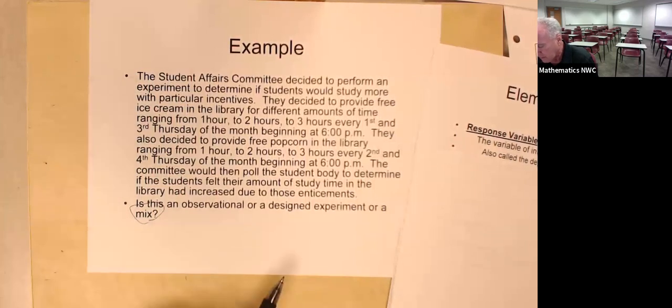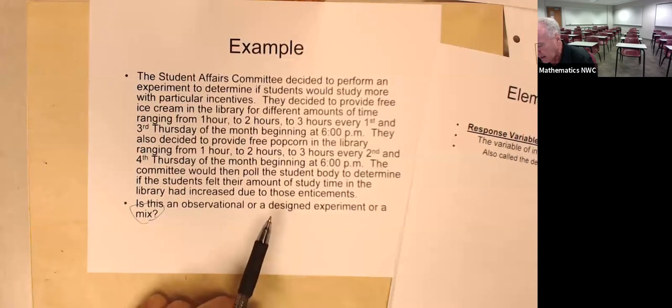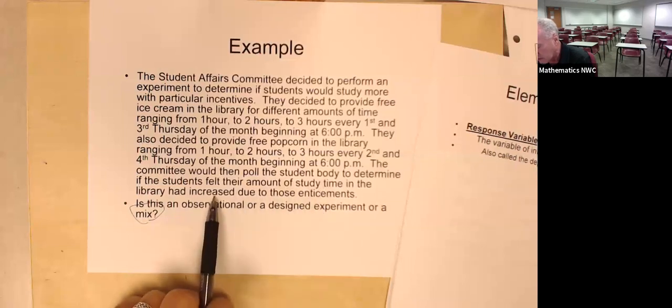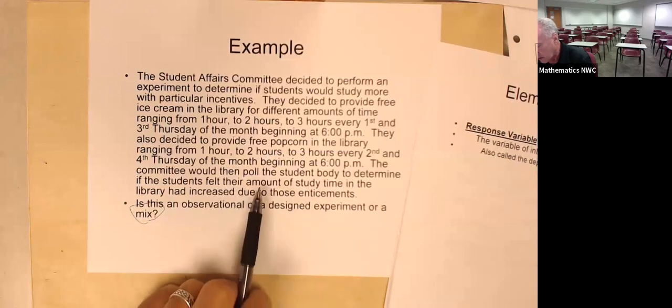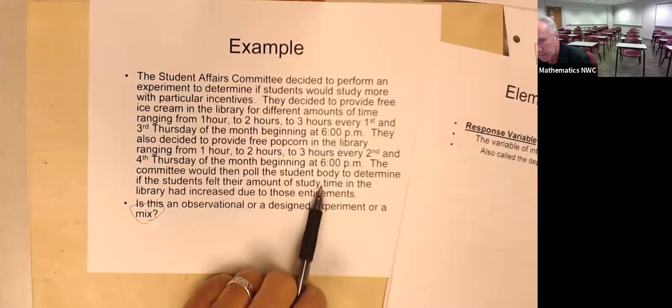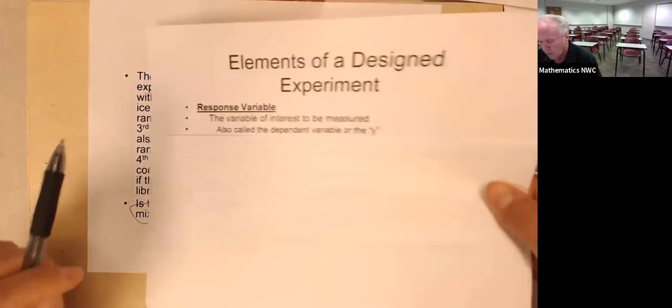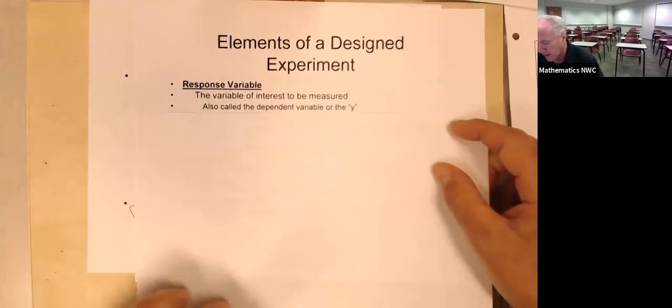But because of time, I'm going to go to the dependent variable. The dependent variable we're trying to find, does the amount of study time increase? So the response variable is the amount of study time. Did that change because of these enticements? Response variable, amount of study time.